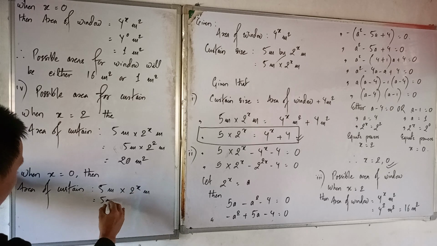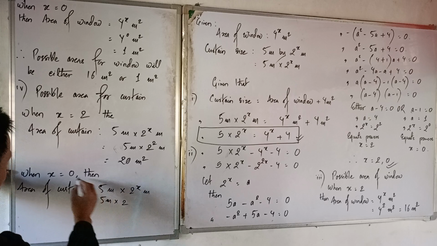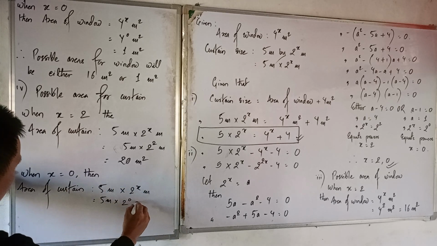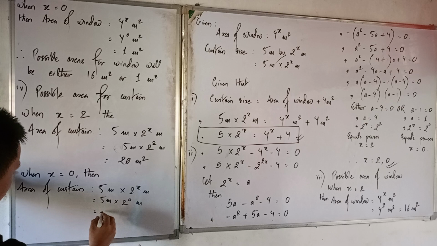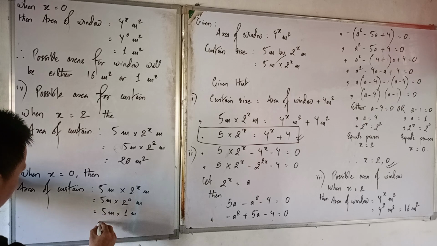We have 0, so 2 power 0 means 1, which is 5 meter square.